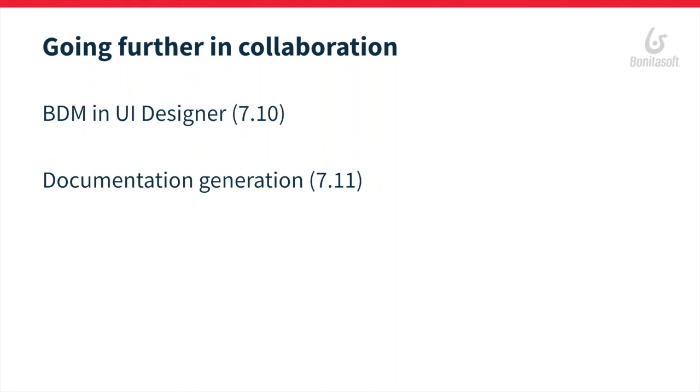It's the fact that we added a BDM menu in UI Designer to manage directly all the business data model in UI Designer thanks to a wizard. In 7.11, we plan to offer a feature to generate a complete documentation from the .boss file, including all the artifacts, to make it easy to read and to change.